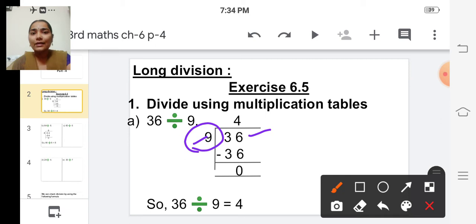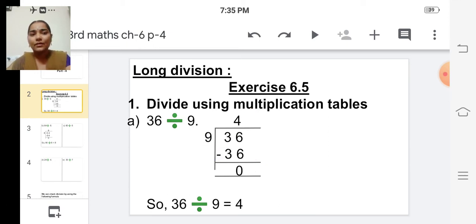You have to write that 4 on the top, in the quotient place, and write the 36 below the dividend. Then subtract this 36 from the dividend. You write the minus sign here, and 36 minus 36 is 0. 0 is the remainder. So the answer is 4.